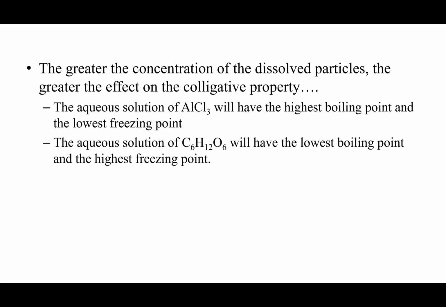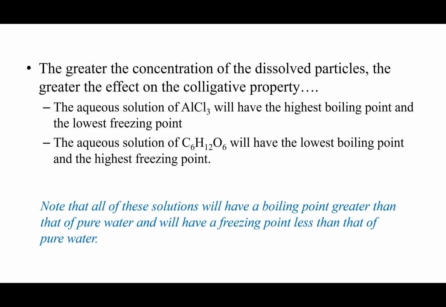So there will be some elevation and depression, but it will just be less compared to aluminum chloride. Note that they'll all be different than regular water because we do have that colligative property working.